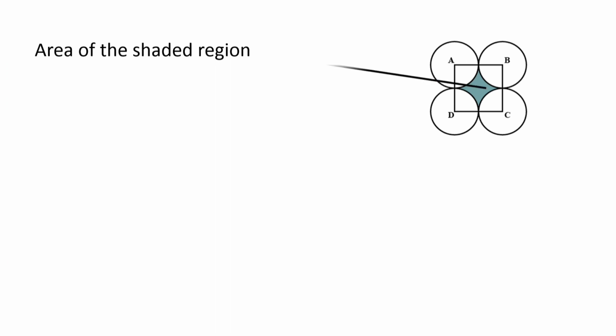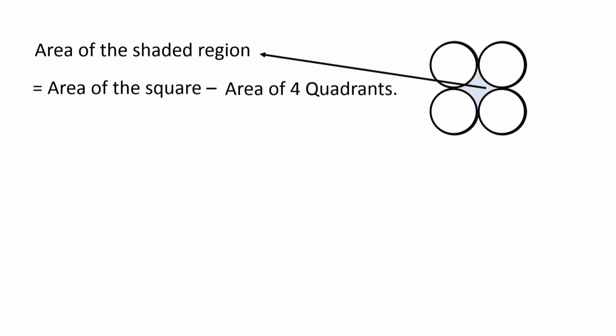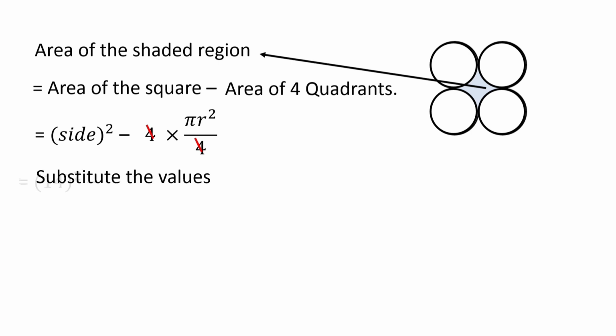Area of the shaded region is equal to, you can observe, area of the square minus areas of 4 quadrants. Area of square is side square minus area of quadrant is pi r square by 4 into 4, because area of 4 quadrants. Here you can observe 4 and 4 can get cancelled. Then we have to substitute the values.